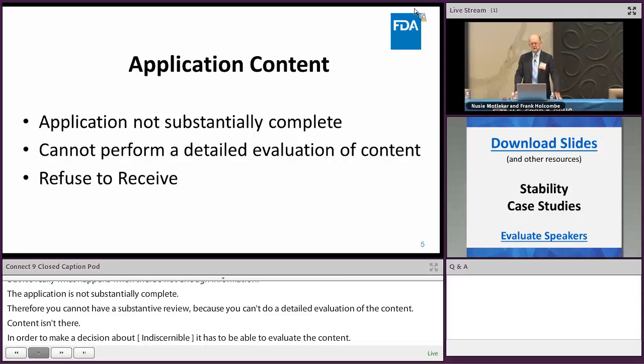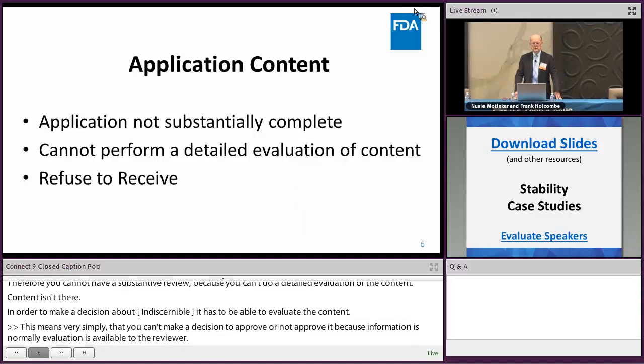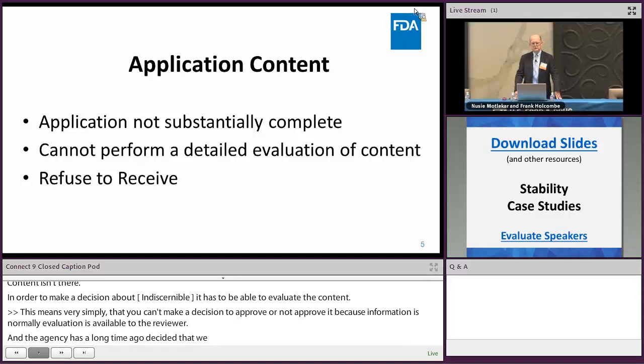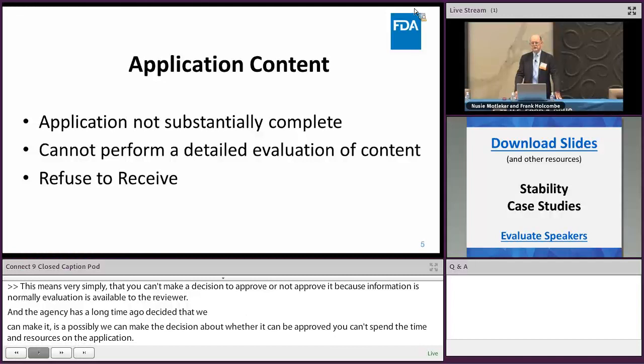And the agency has a long time ago decided that if there's a possibility that we can't make a decision about whether or not it can be approved, we can't spend the time and resource on the application. We don't want to be editors for applicants. We don't want to be copy readers for applicants, and we don't want to be consultants for applicants.